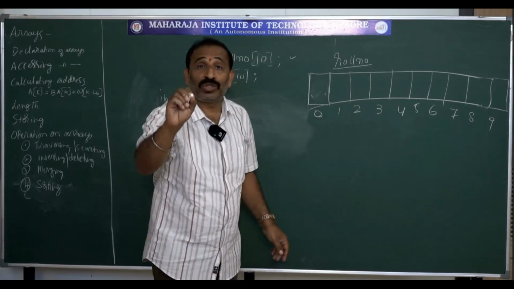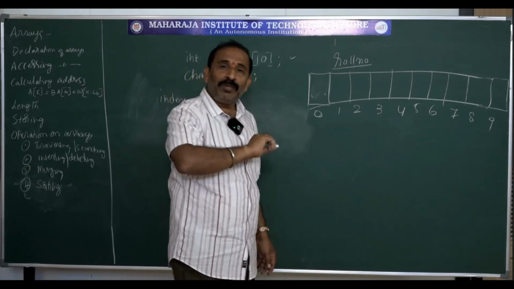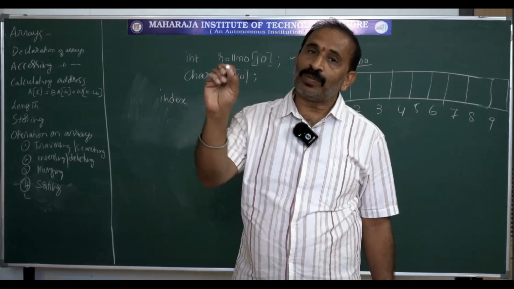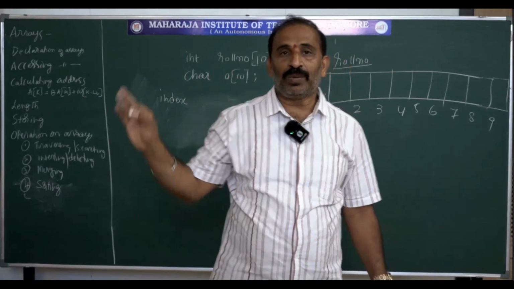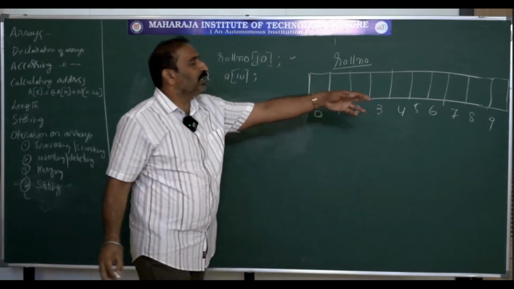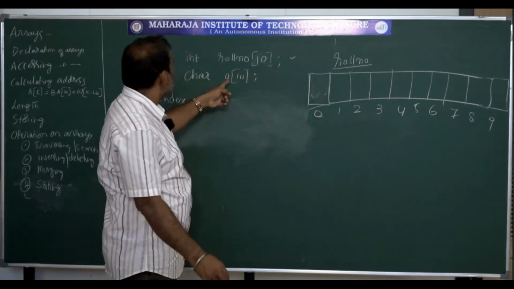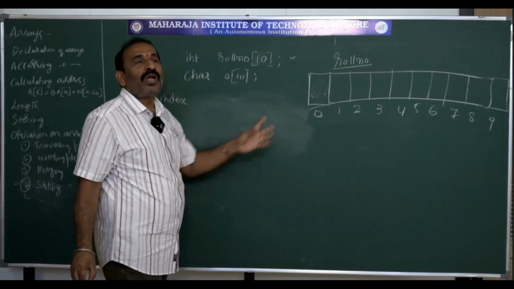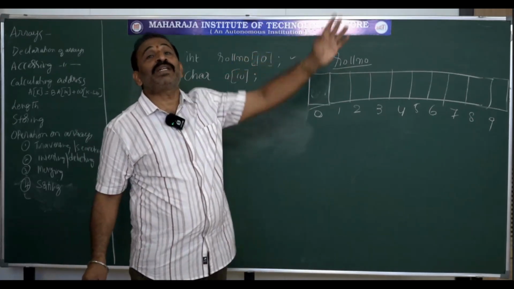This is very crucial. Many people get confused: index starts from 1? No, it starts from 0. You should start from 0 and then go up to the end. Always the index starts from 0 and goes up to the number of elements minus one.